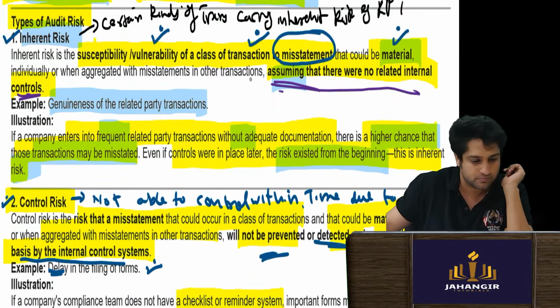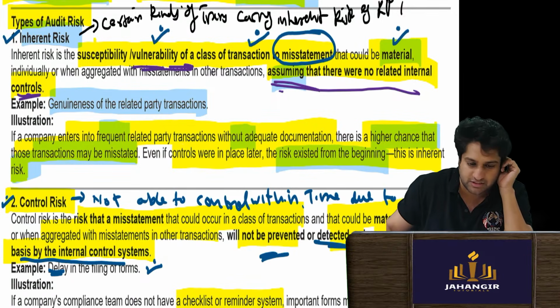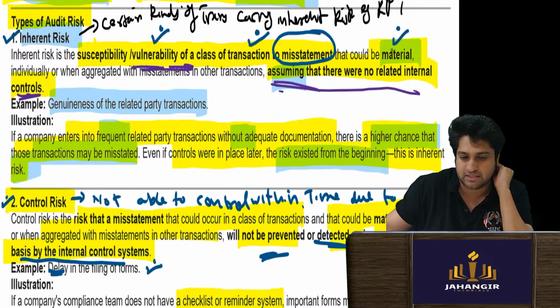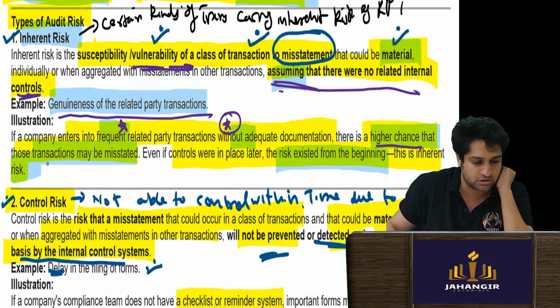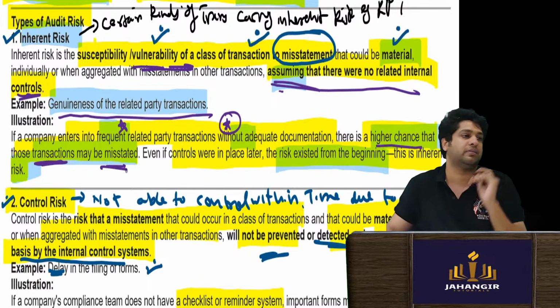Thus, the vulnerability of a class of transaction to a misstatement that could be material. For example, the genuineness of a related party transaction. If a company enters into frequent related party transactions without adequate documentation, there is a higher chance that those transactions might be misstated.